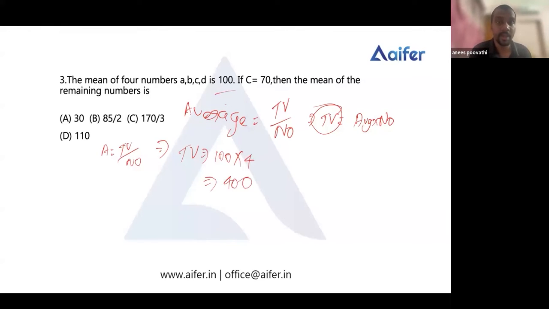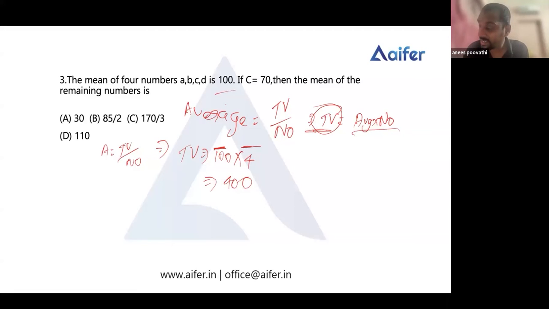So in the beginning of this question, we have the total value as 400.